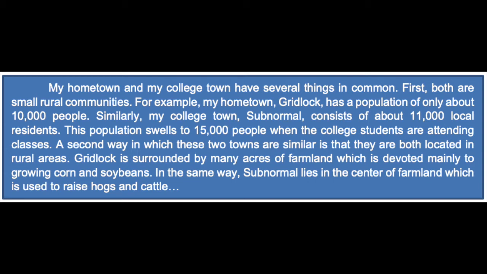Unlike the Subnormal, which lies in the center of a farmland and devoted to raise hogs and cattle. So those are the differences, but we've also mentioned the similarities. Okay, I hope you got it.